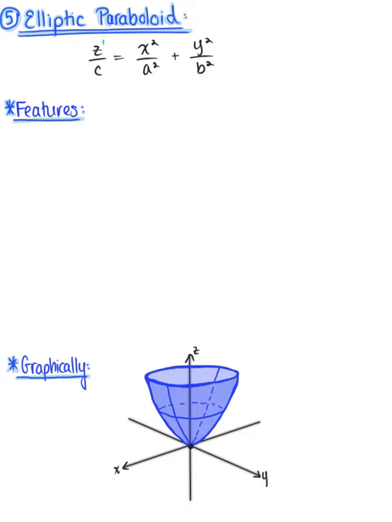So this is indicating to us that the surface is centered about the axis whose variable is of degree 1. So our first important feature: the surface is centered about the axis whose variable is of degree 1.